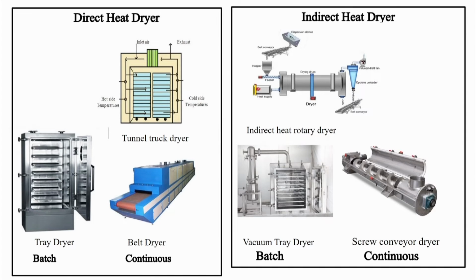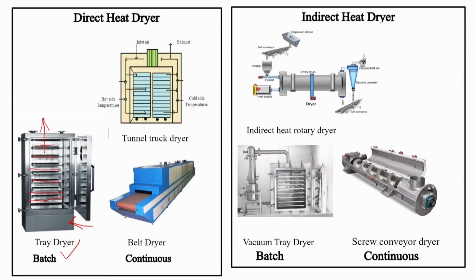Among the direct heat dryers, we have the tray dryer. Trays are placed as you see, heat is supplied from the bottom, hot air is blown, and moist air is taken out from the top of the tray dryer.